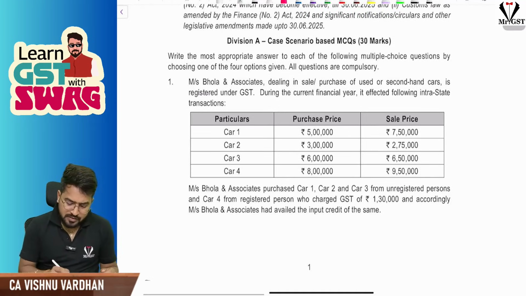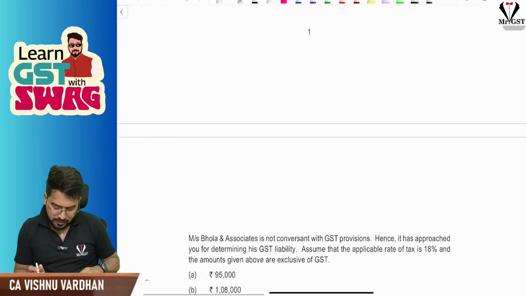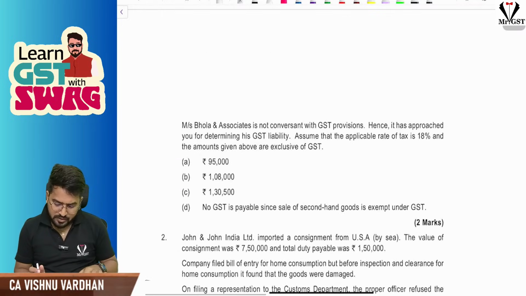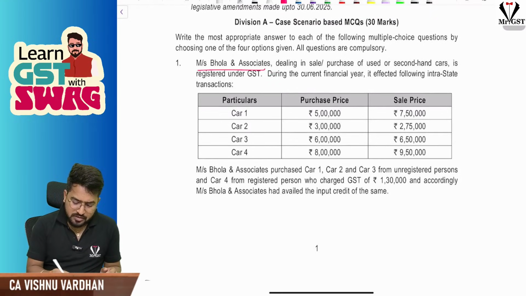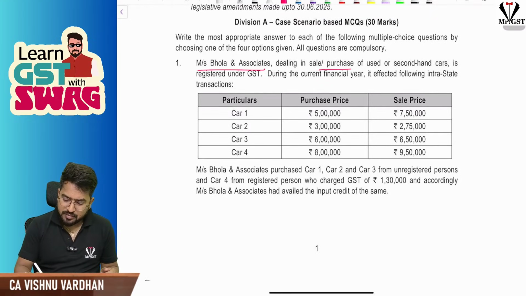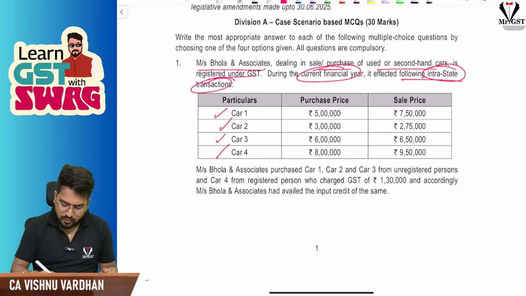Here, the first MCQ is regarding second-hand cars, and they want to know the GST liability. Messrs. Bola and Associates sell and purchase used second-hand cars and are registered under GST. In the current financial year they effected the following intrastate transactions. They purchased 4 cars, with purchase price and sale price given.